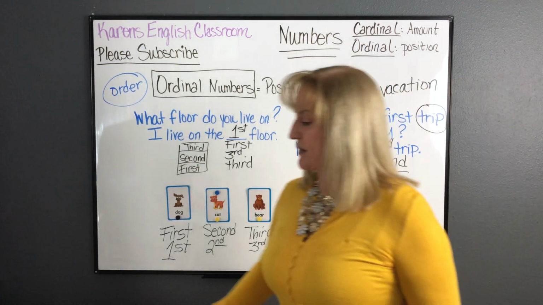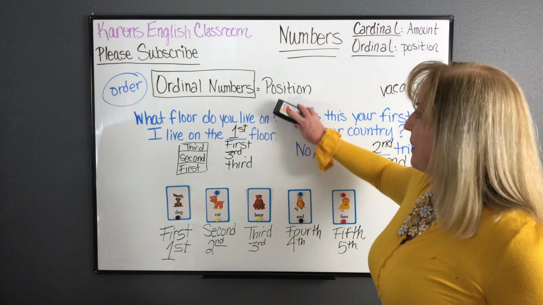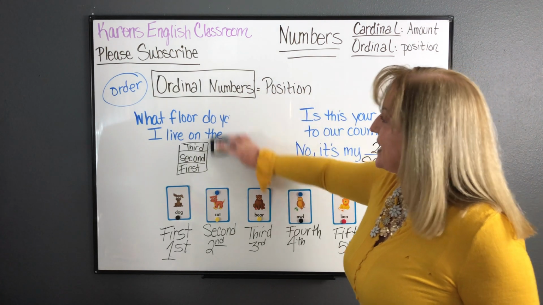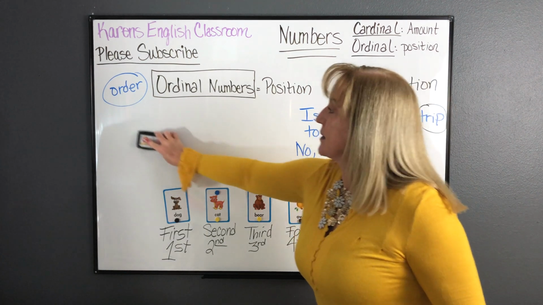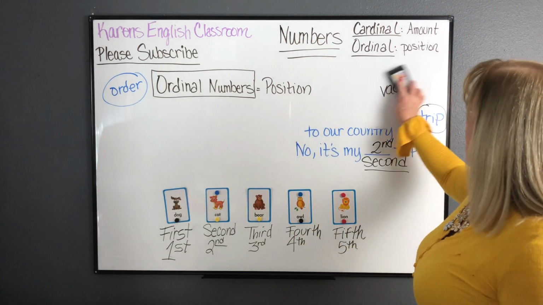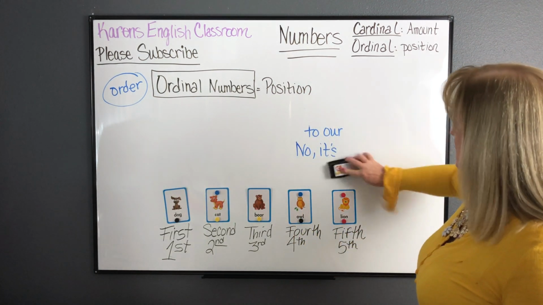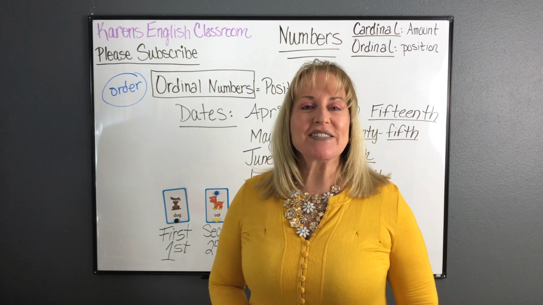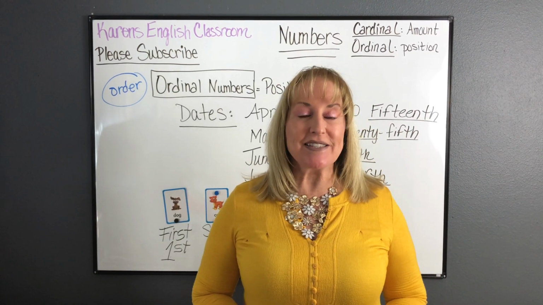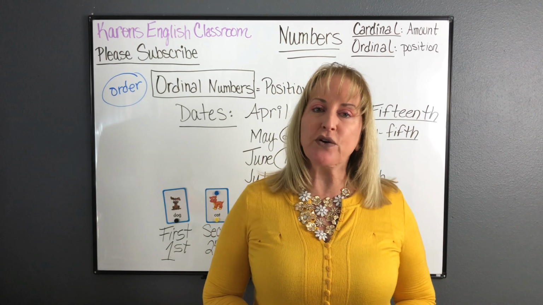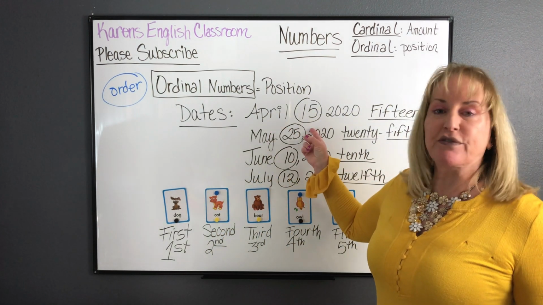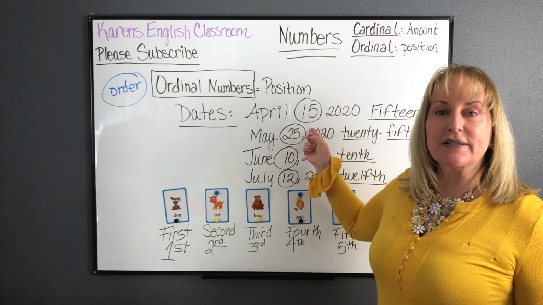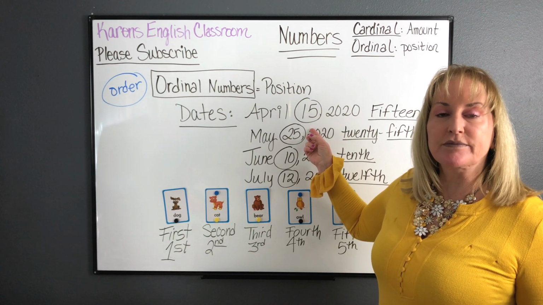Okay, let me show you something else too. When we talk about the date, class, so now we're going to talk about dates. I know this is very difficult because I know a lot of students want to say April 15. Today is April 15.